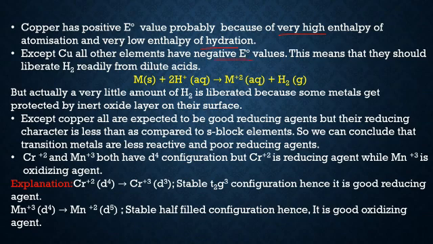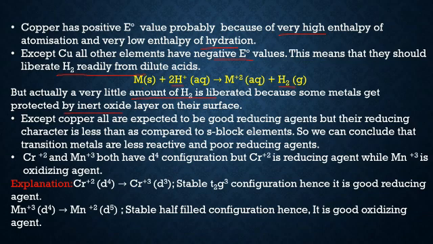This means that they should liberate hydrogen gas readily with dilute acid. So the reaction should be: metal when reacts with acids produces hydrogen gas. But actually a very small amount of hydrogen gas is liberated. The reason is the presence of an inert oxide layer on most of the metal surfaces.